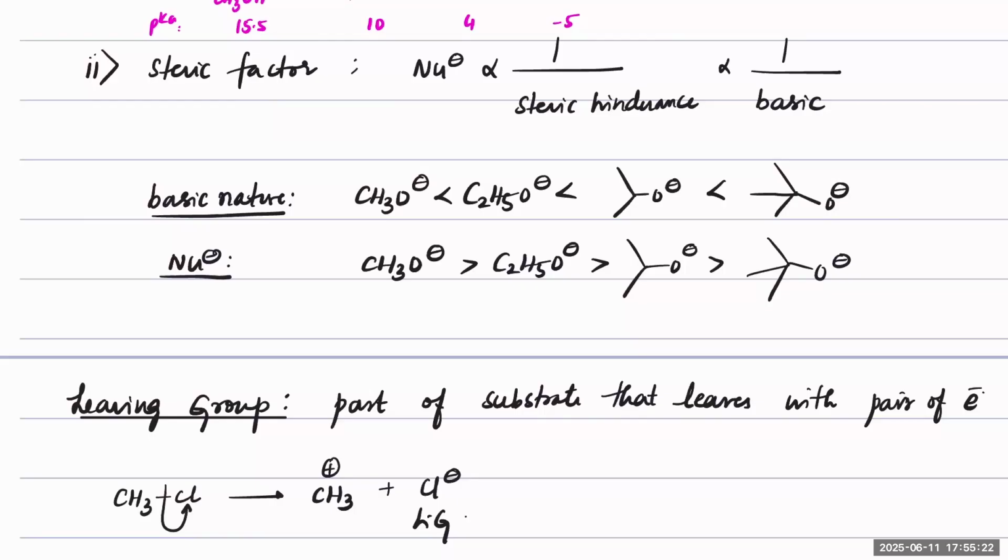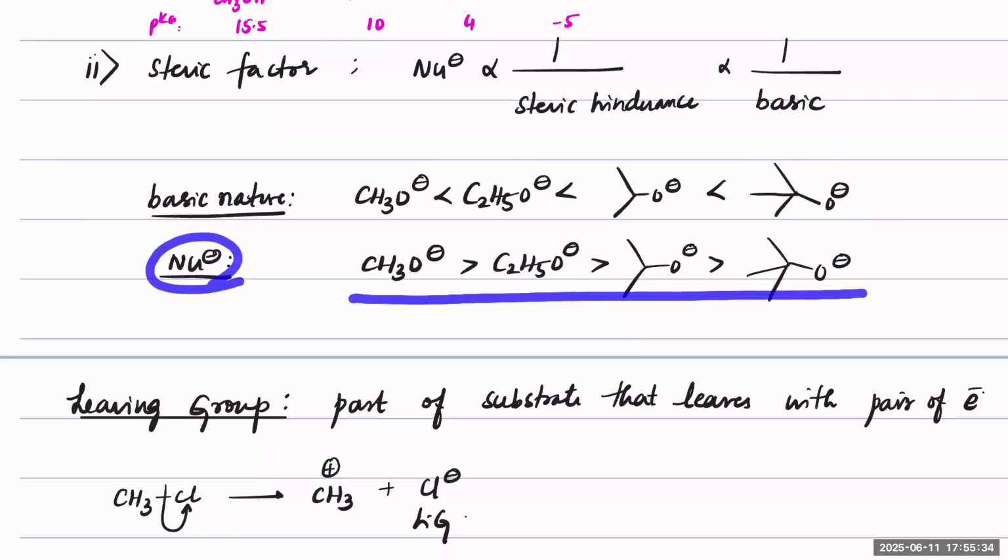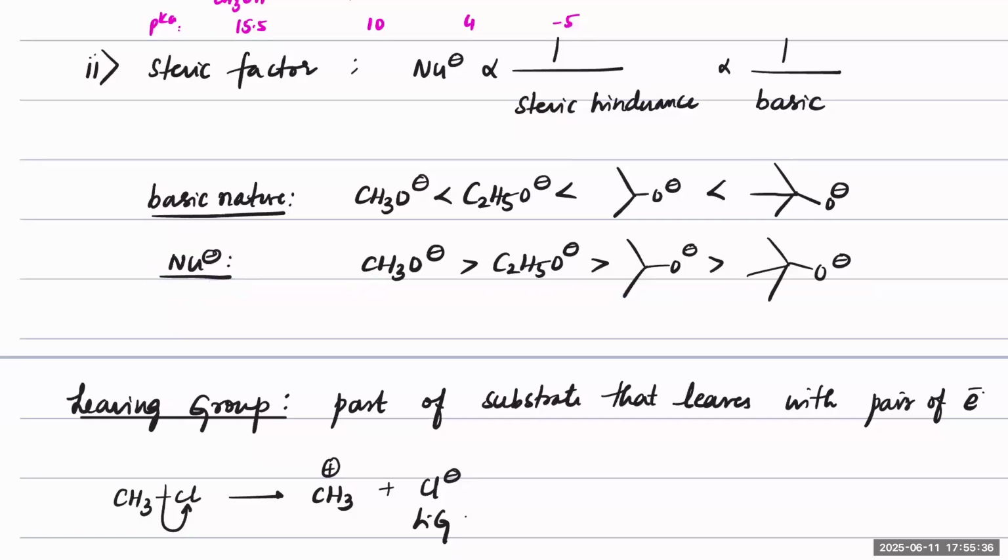Now, in this case, this is the strongest base because it is coming from a very substituted alcohol that is the weakest acid. So that makes this the strongest base. But when it comes to nucleophilicity, it is exactly opposite. Reason being bulkiness. Now, the bigger the molecule becomes, it becomes very, very difficult for it to orient towards carbon and make a bond with it.